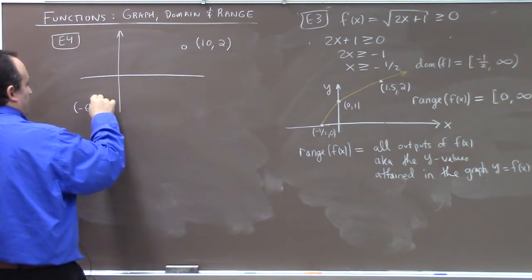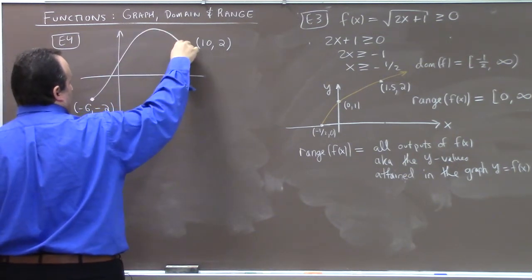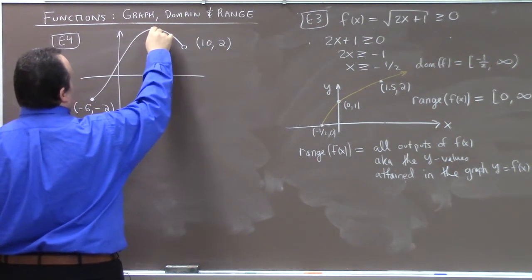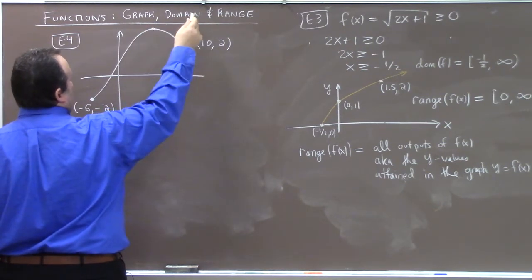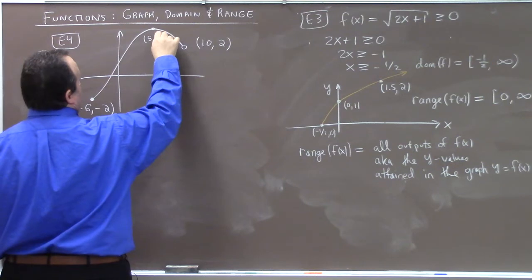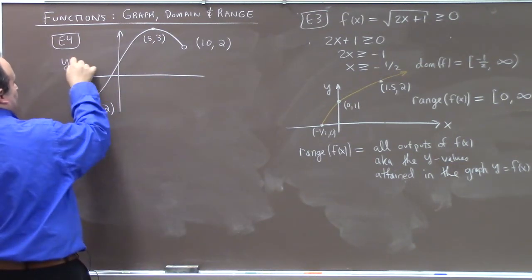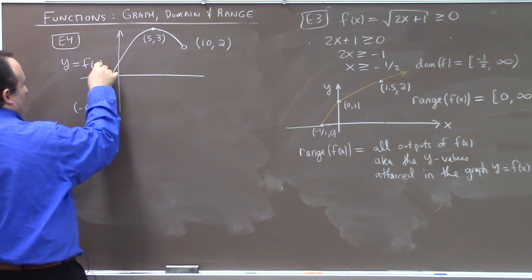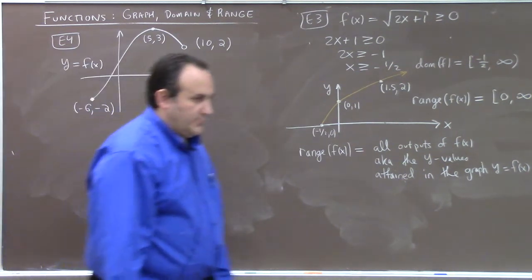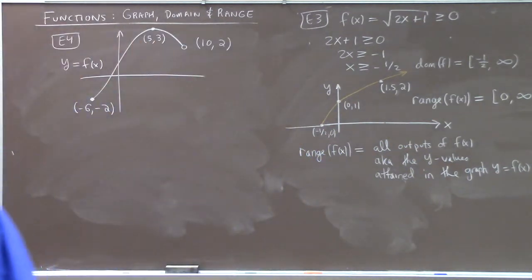And the graph of my function looks like this, right? And this top point here is maybe 5 comma 3, right? And we're given y equals f of x. What's the domain and range of that?